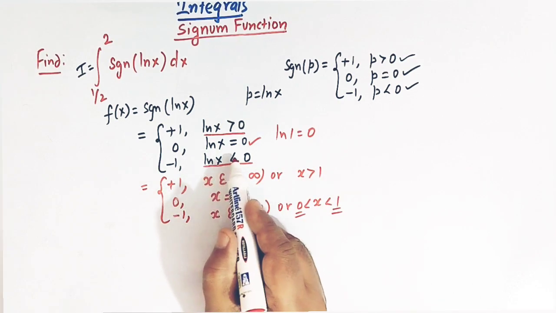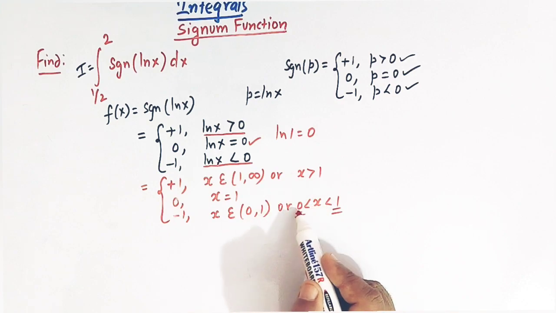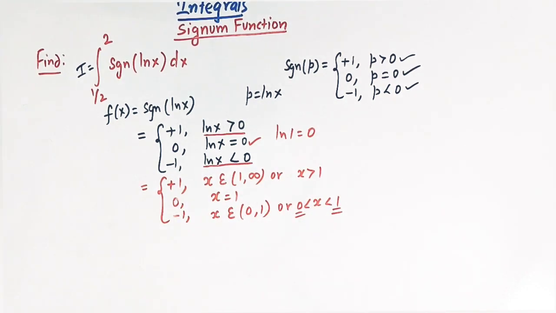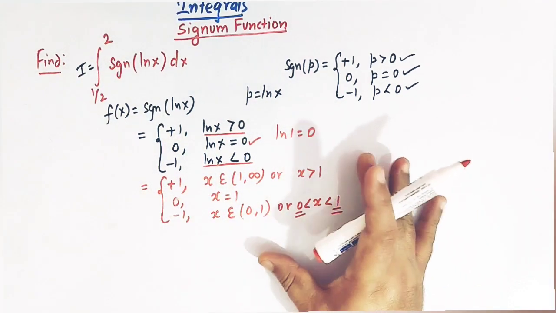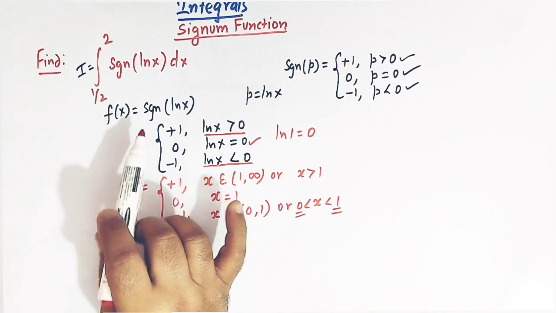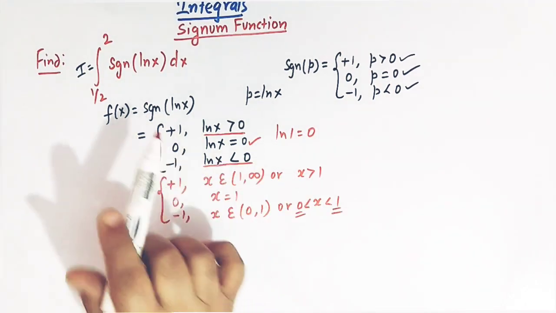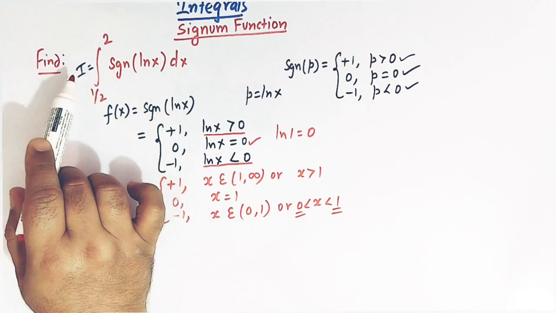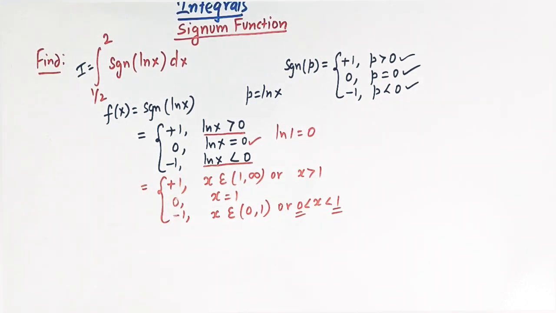So log of x is negative when x lies between 0 and 1. To solve this integral, the important thing is to define signum of log of x. Once we have defined it, we can split this integral I as a sum of two integrals.